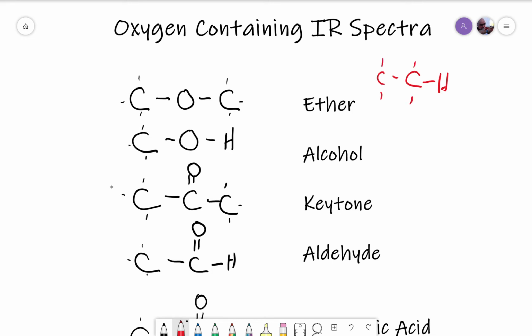And the first thing that we normally do is try to figure out, are there single bonds or double bonds, and what is the nature of the carbons and the hydrogens.